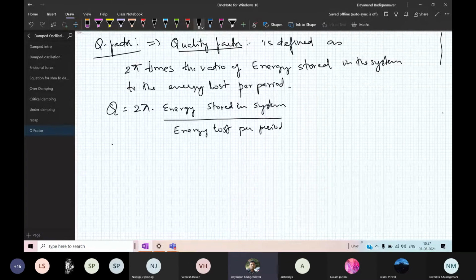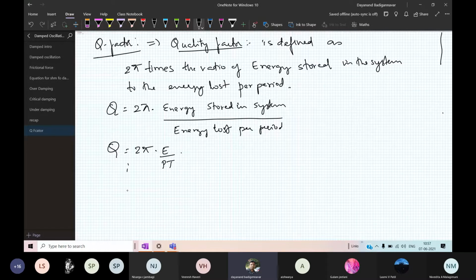Energy stored in the system is given by E, energy lost per period is P into T. After some mathematical analysis, you can write the value of Q as omega into tau, where omega is the angular frequency and tau is the relaxation time.